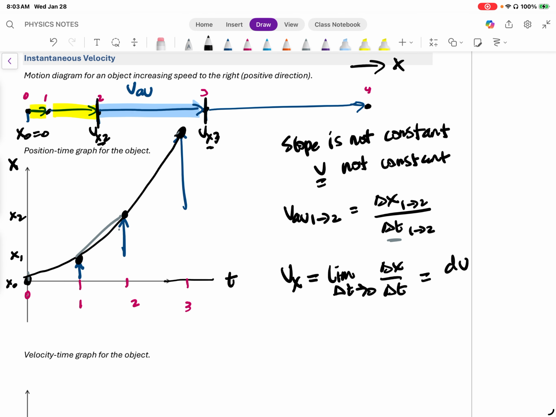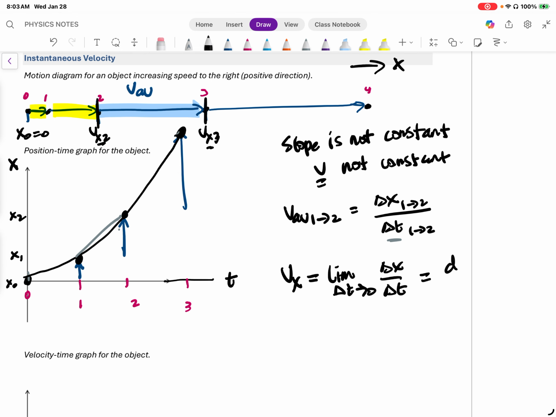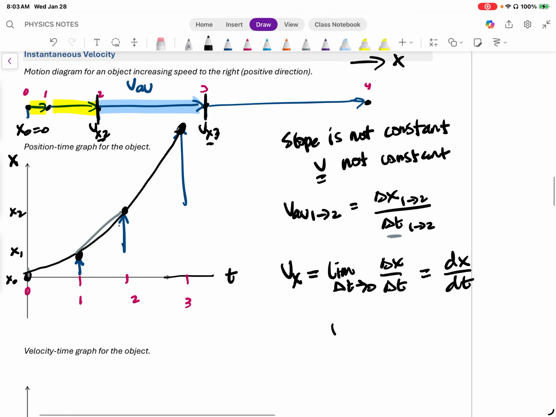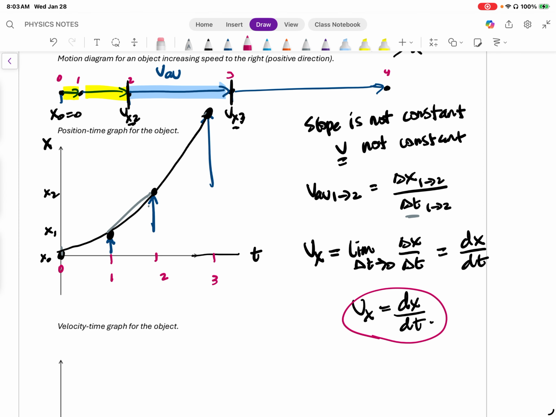And when we do that, we end up with dx dt, that derivative piece. So our instantaneous velocity, I'm just going to write this here together. This is a relationship that we are going to be using: the instantaneous velocity is the derivative with respect to time of our position.